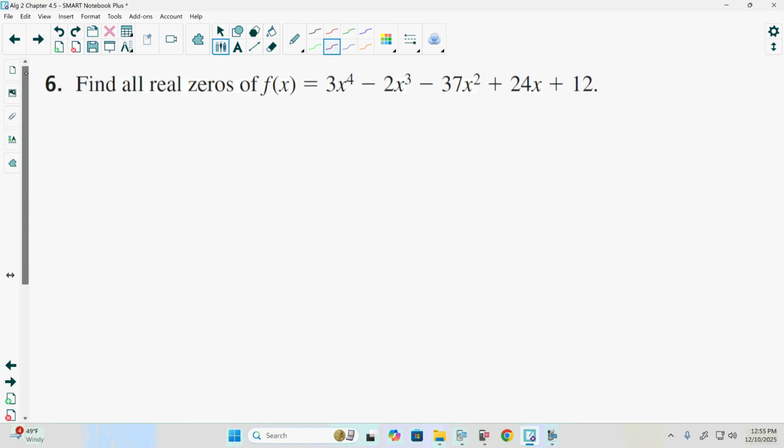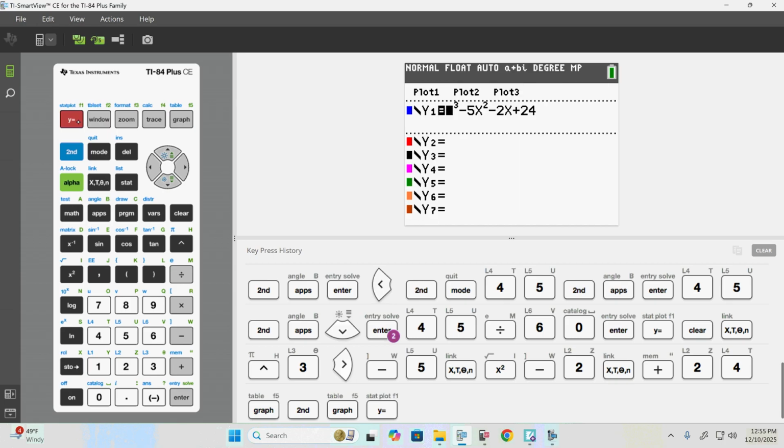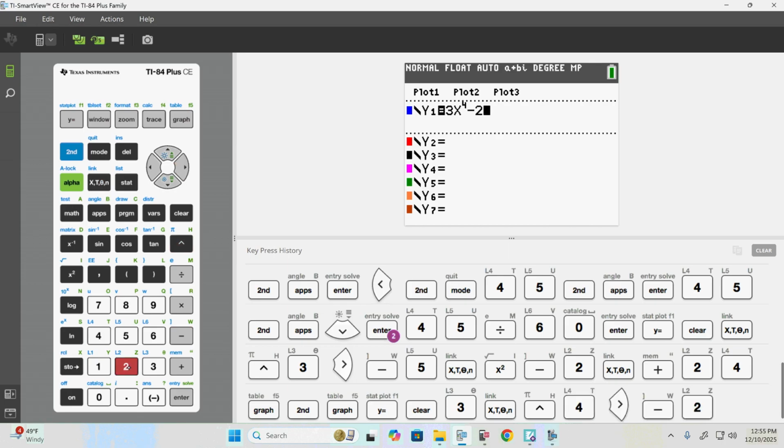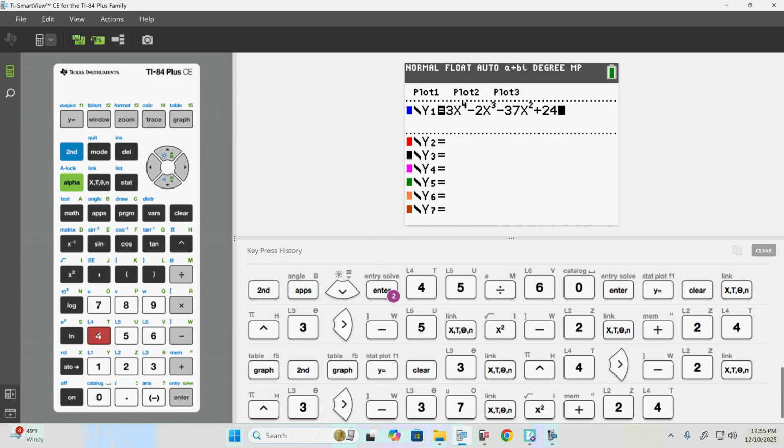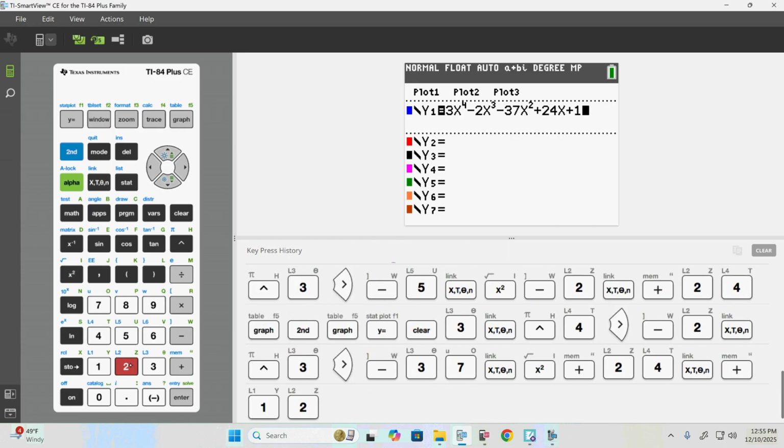So if we plug this in, we start off with y equals. We're going to clear that out. 3x to the 4th minus 2x to the third minus 37x squared plus 24x plus 12.